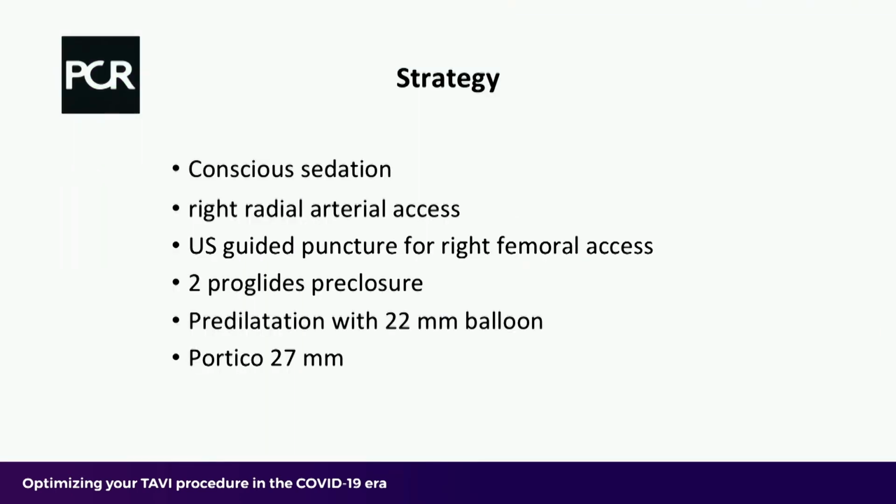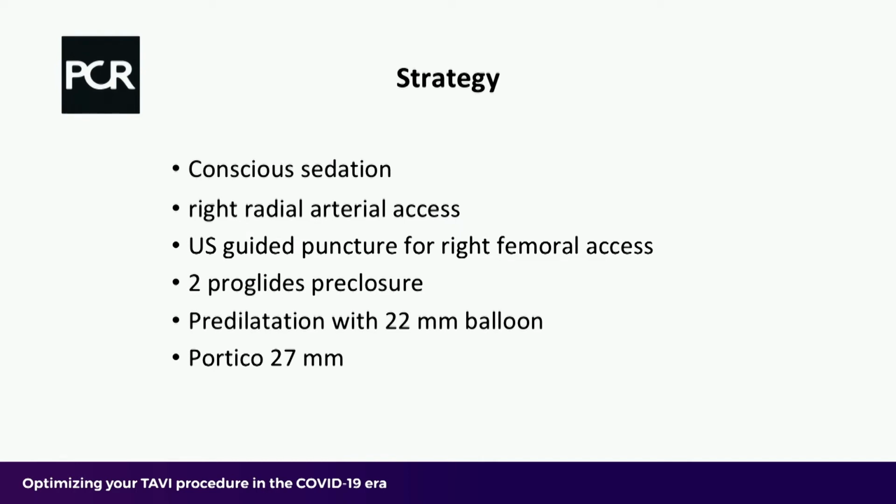As we routinely do for transfemoral TAVI cases, the patient has been put under conscious sedation with local anesthesia to get access first to the right radial artery for the pigtail guide in the procedure, and second to the right common femoral artery for the ultrasound-guided puncture. We've put 2 ProGlides for preclosure, and the goal is to predilate that anatomy, because the level of calcification is quite high, as we saw on the CT scan that you nicely described, Nico.